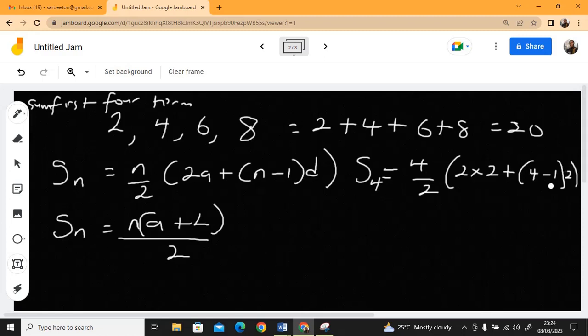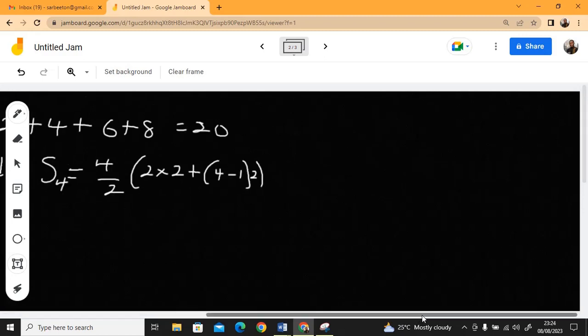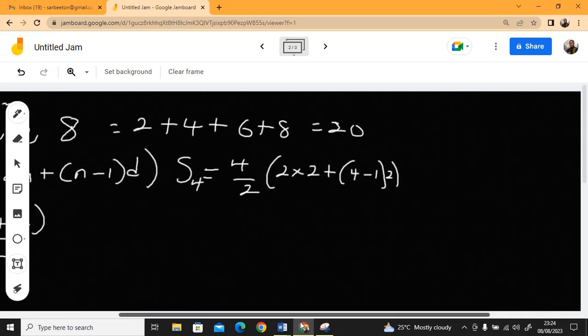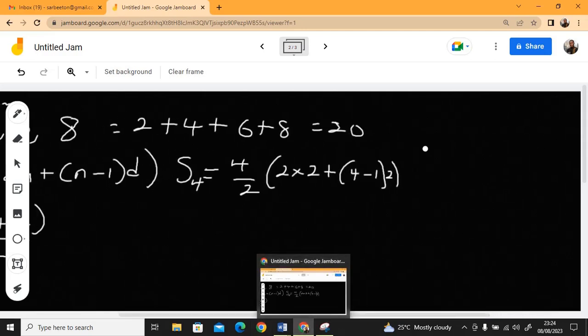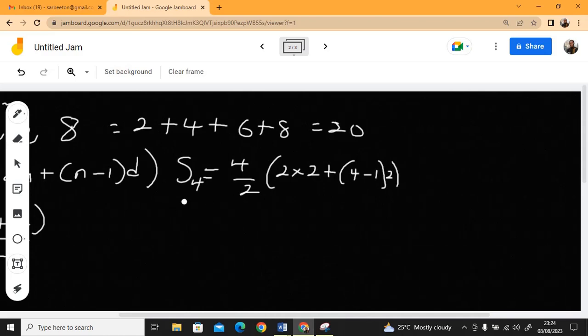You may be thinking that this particular formula is long, but believe me, by the time you start solving complex or long questions, you find that it's very easy to use. So my first 4 terms will be 4 divided by 2, which is 2. Now 2 times 2 is 4, plus 4 minus 1 is 3, times 2.